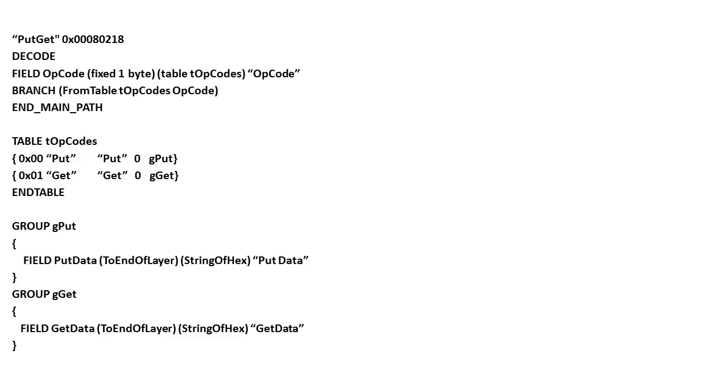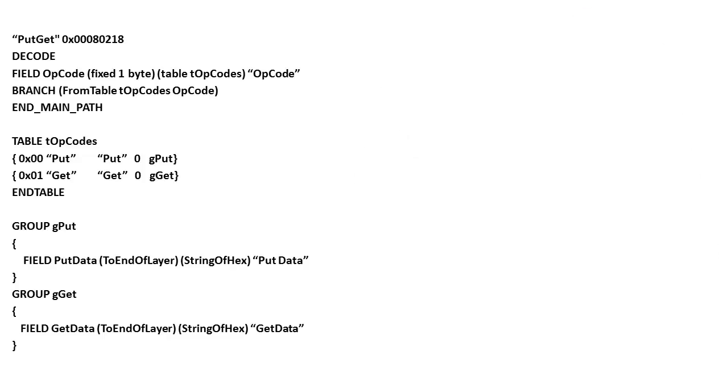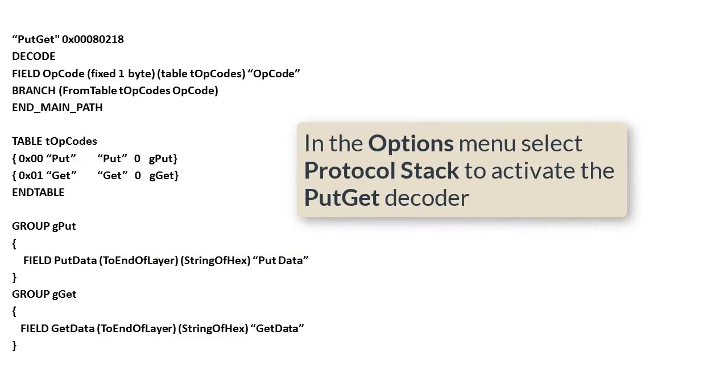To see our more useful decoder in action, we follow the procedures from a previous video by adding the decoder to My Decoder directory in the public folder, Frontline Test Equipment. And in the Frontline software, we use the protocol stack option to add the decoder to a protocol stack.